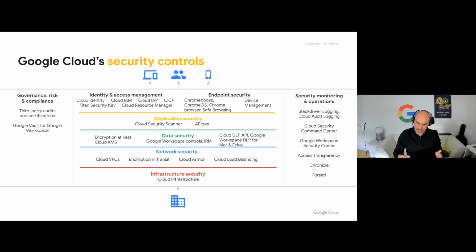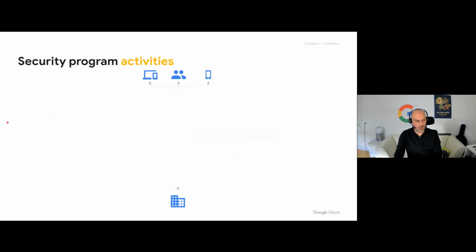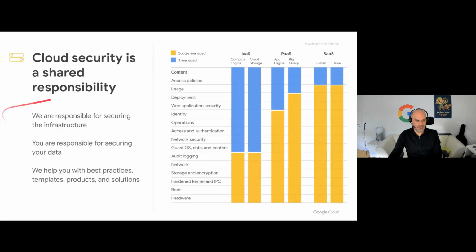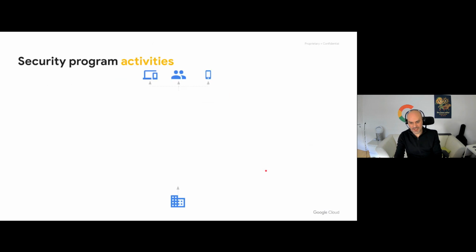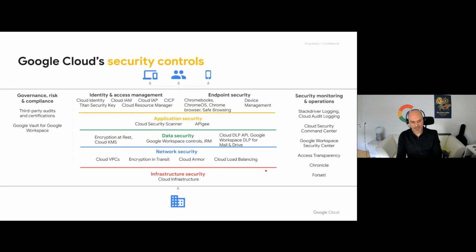But really, it's about the use case you have at hand. It's not about using the full stack because it's not needed. You need to select the right things for your specific use case, and knowing where you are, knowing what applies here, where your responsibility is, is the first step in taking the right control.